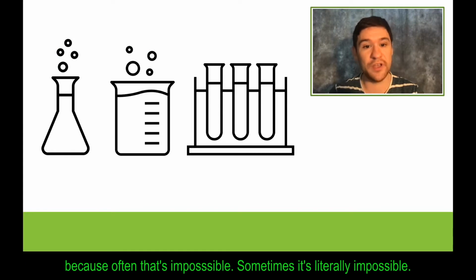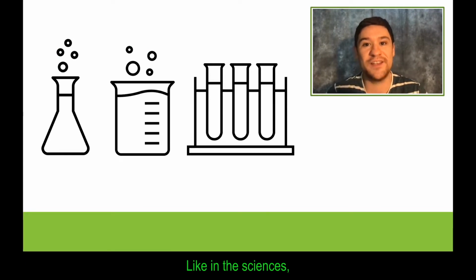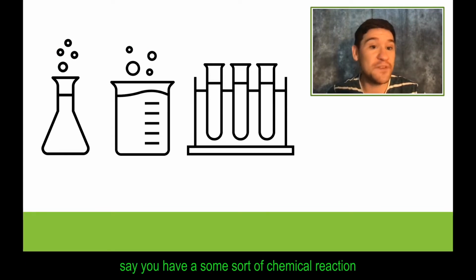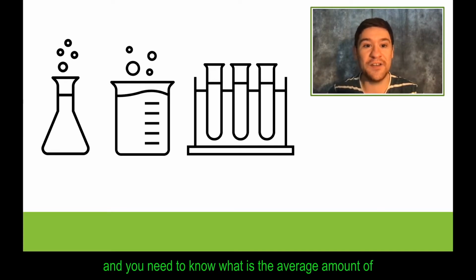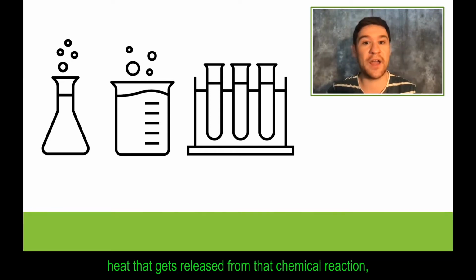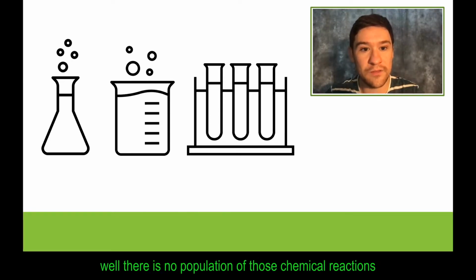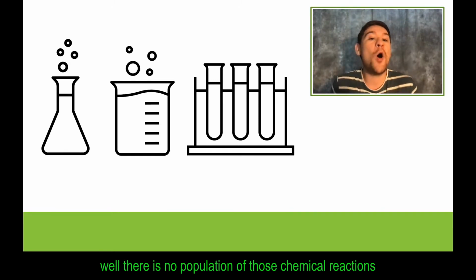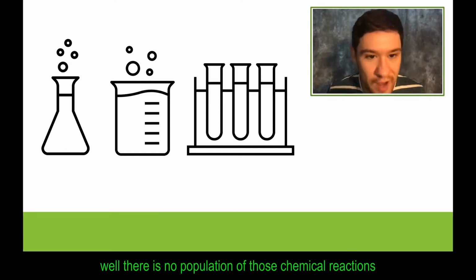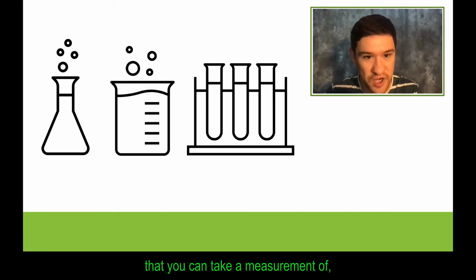Sometimes it's literally impossible, like in the sciences. Say you have some sort of chemical reaction and you need to know the average amount of heat that gets released from that chemical reaction. Well, there's no population of those chemical reactions that you can take a measurement of.